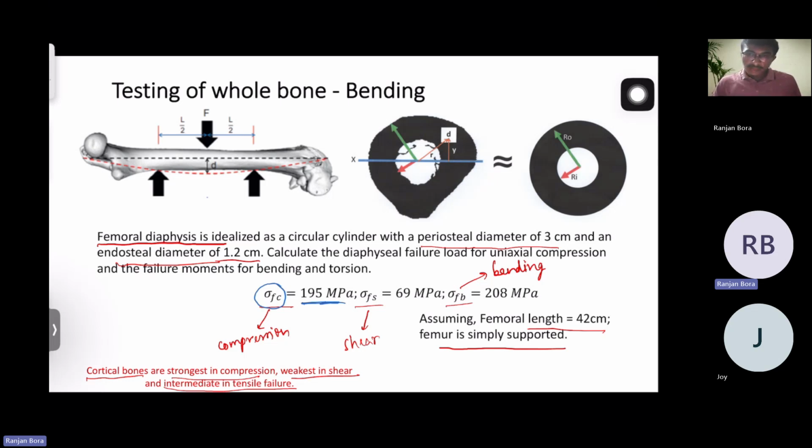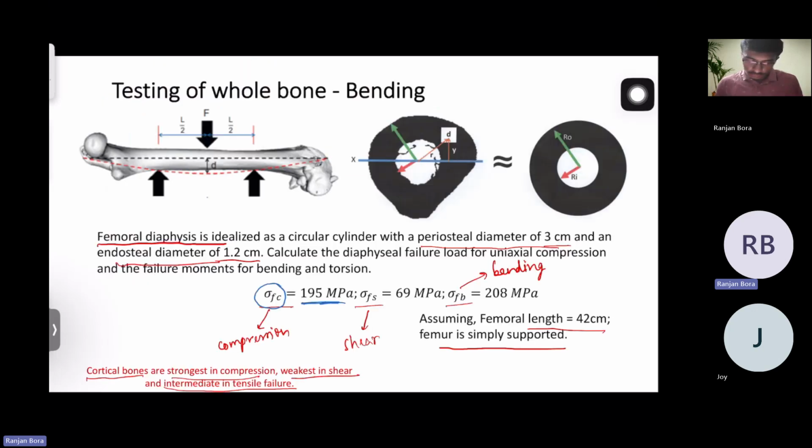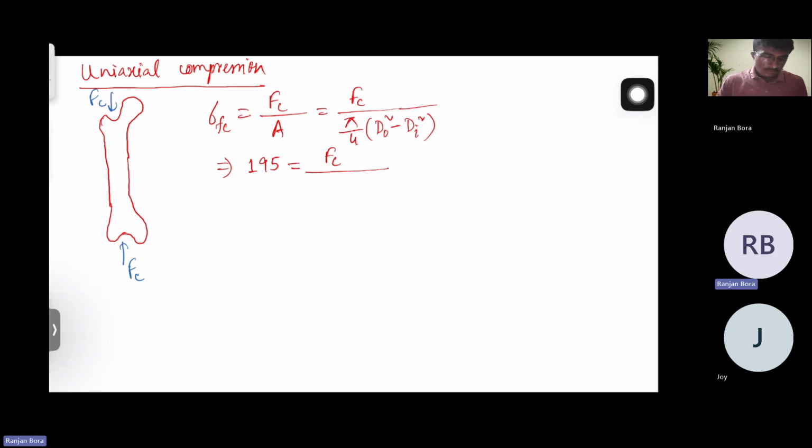We'll write the length units in millimeter, so we convert this centimeter into millimeter: 30 square minus 4 square. So the area is 593.76 mm square.